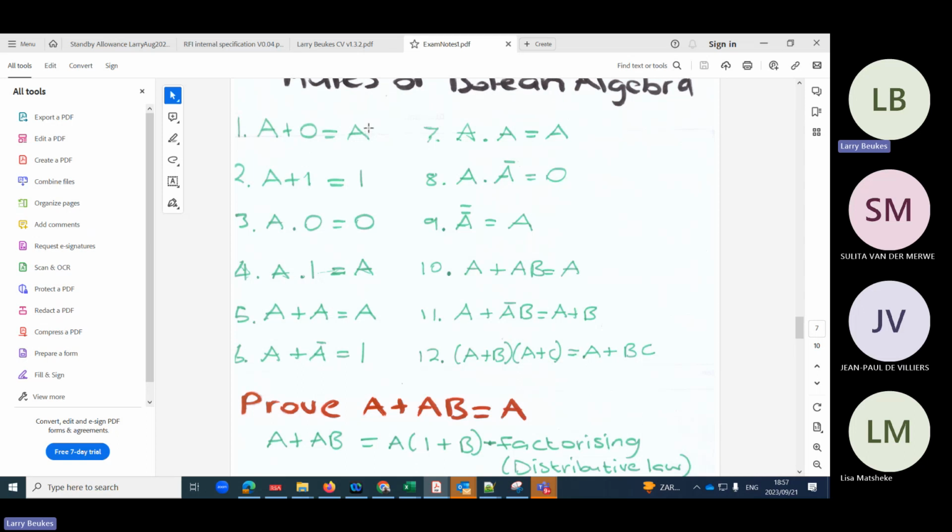Okay, you can write it down now. Just write number 1. We know it's identity law. Number 2, it's annulment law. Number 3, annulment law. Number 4, identity law. Number 5, it's idempotent law. Then number 7, it's idempotent law, right? Number 5 and number 7.